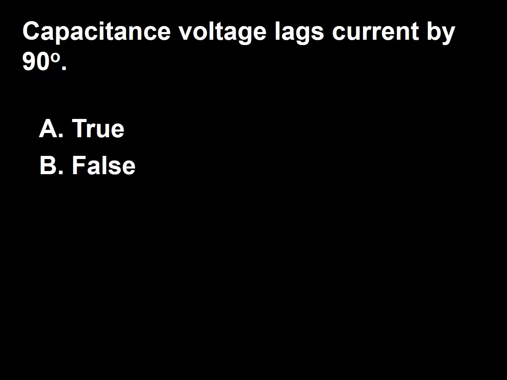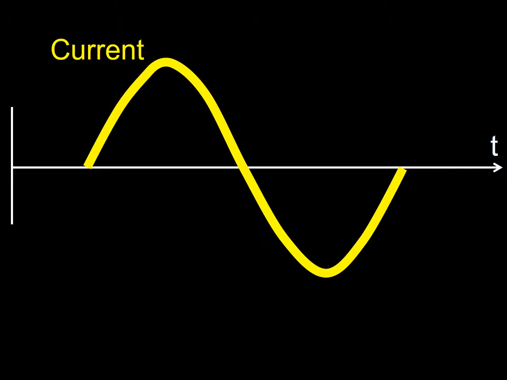Next question. Capacitance voltage lags current by 90 degrees. A true, B false. In this diagram, the yellow sine wave represents current starting at the point indicated by the white arrow.